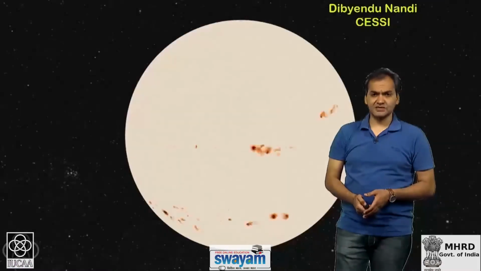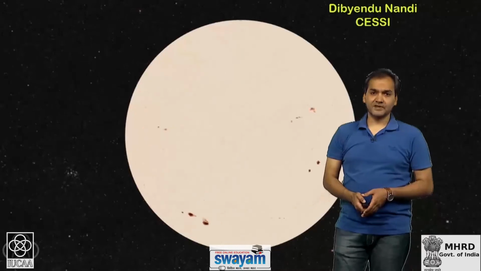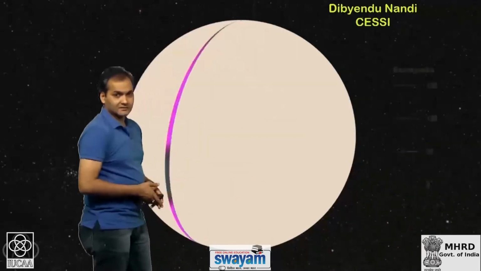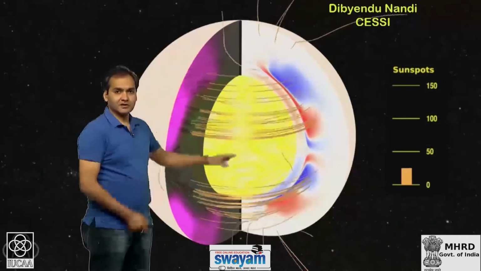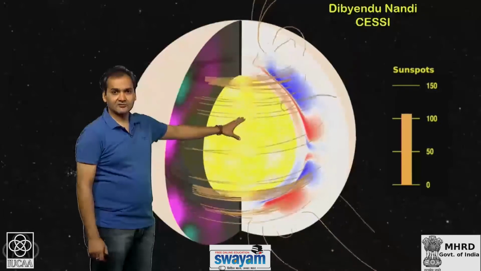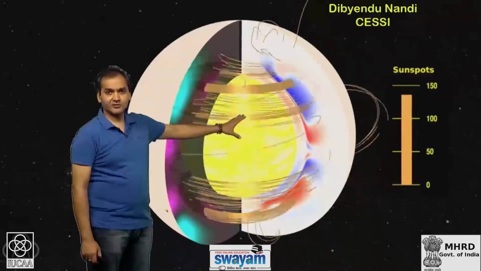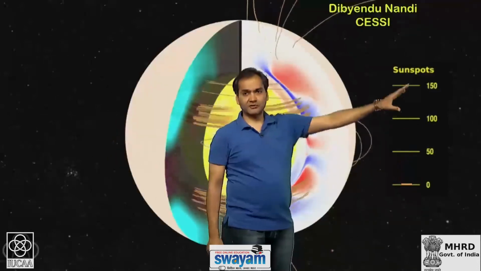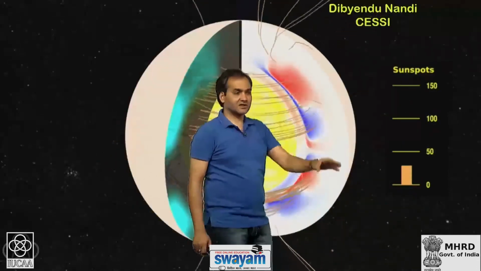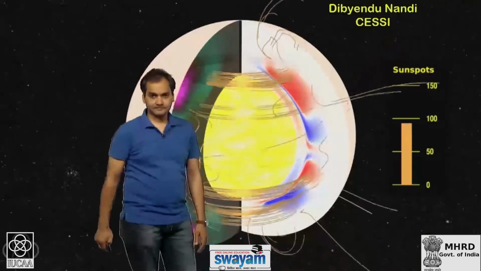Here is a nice representation of what might actually be happening: open the sun, go inside, and you have a lot of toroidal fields, and as more toroidal fields come in, you have the popping out of the magnetic field, and the number of sunspots goes up and down as the solar activity increases or decreases.